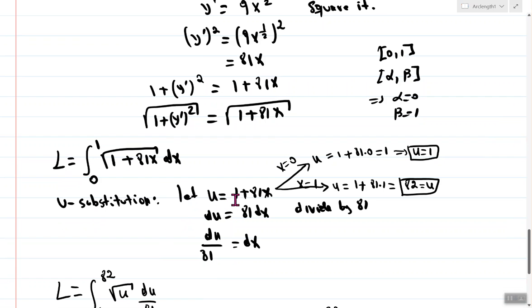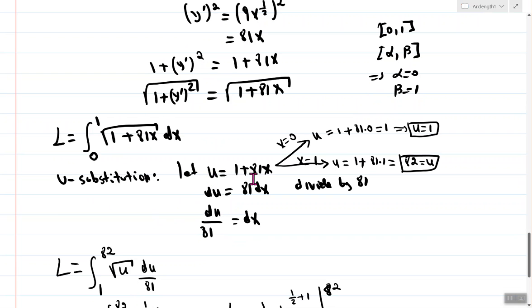So we let u be 1 plus 81x, because this integral we can now do by integration by substitution. When x is 0, u is 1. When x is 1, u is 82. Because we want to change this integral to a u integral.